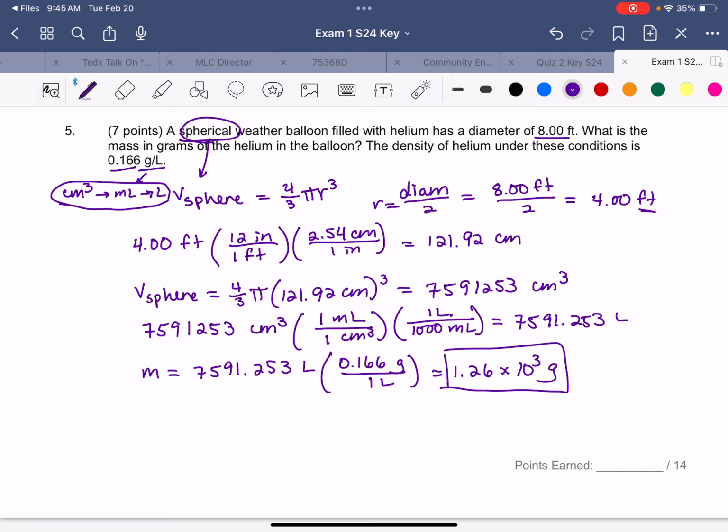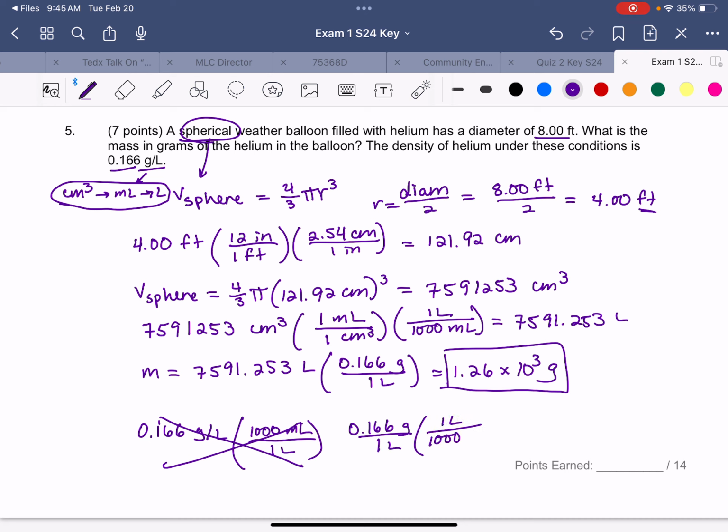Some of you tried to convert your density to mils, but unfortunately what you ended up doing was treating the liters like it was in the numerator, but it's not. That is not correct. It has to be written as grams over liters, and that way you can correctly do the conversion this way. Okay, so this is correct.